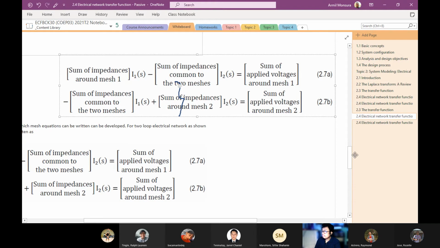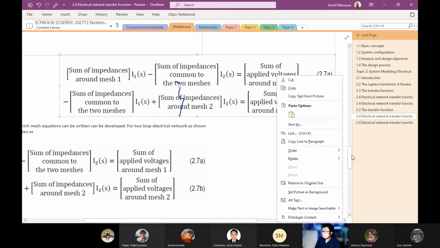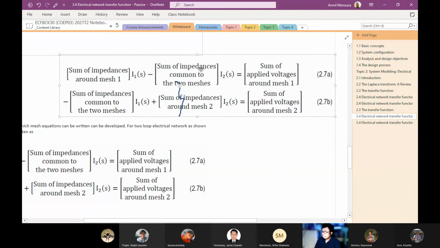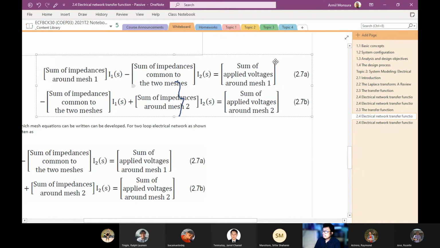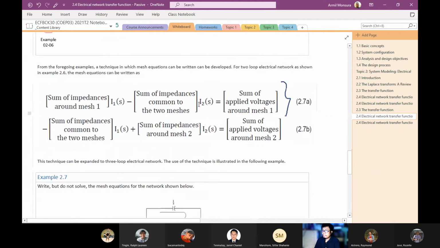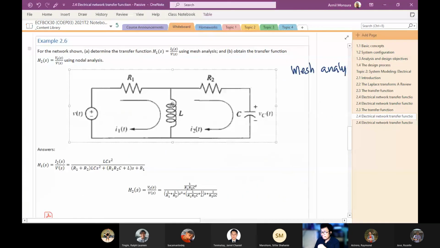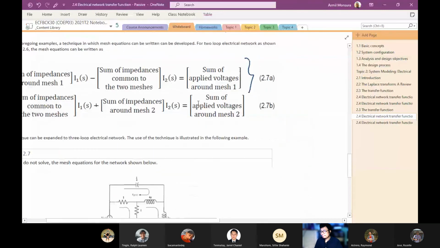Pwede ba itong yun? In order. Send backward. Yun nga. Ganun lang. Ito lang. Ganun din eh.